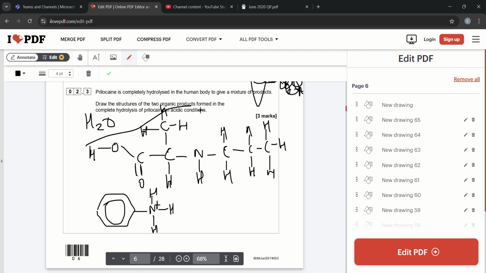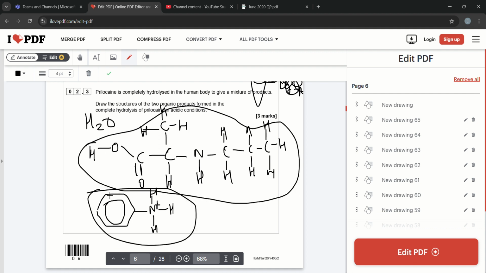That's what can be formed. This first product, and then this as a second product, which is not part of the molecule. This is just different. This is the second product we're forming.